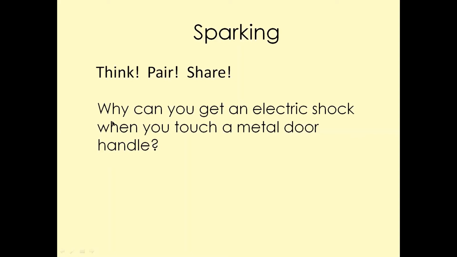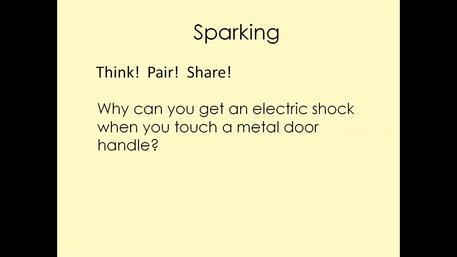So guys, just have a look. So why can you get an electric shock when you touch a metal door handle? So what normally happens when we walk on a carpet, then our shoes, our foot rub against the carpet, and because of that friction, the friction between the carpet and our foot, our shoes, the electrons, they jump from the carpet to our body. So our body becomes negatively charged.